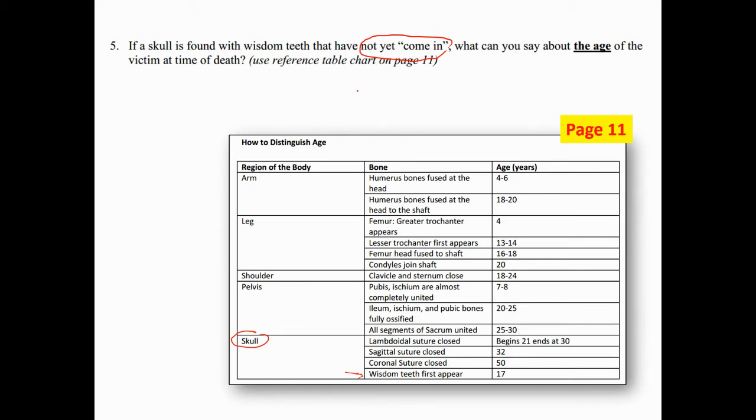So in this body, the wisdom teeth have not yet come in, so when the person died, they were less than 17 years old, or probably. There may be some other information from other parts of the corpse that could give us a more accurate age.